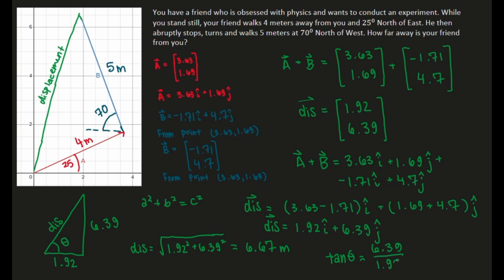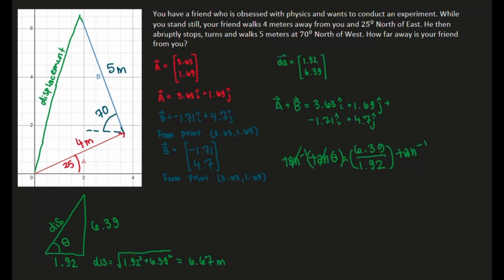In order to solve this, I have to get rid of this tangent. The way I do that is with arctan, or tan inverse. What I do to one side of the equation I have to do to the other. So this is a tan inverse, don't mind my drawing. This will get rid of the tangent and help me solve for theta.